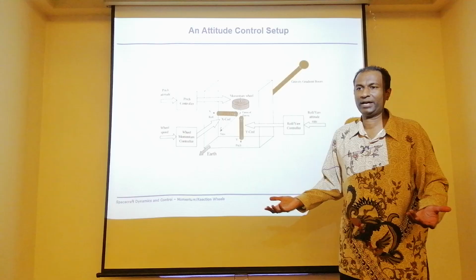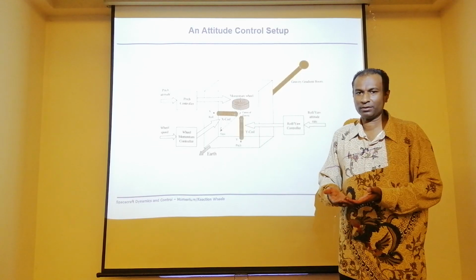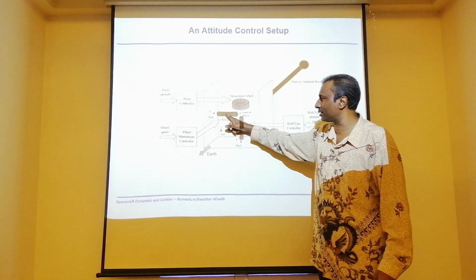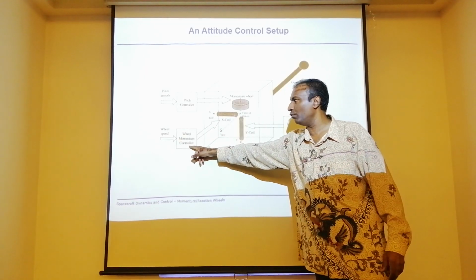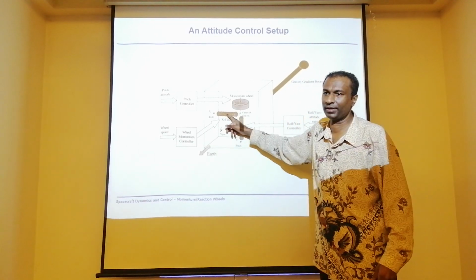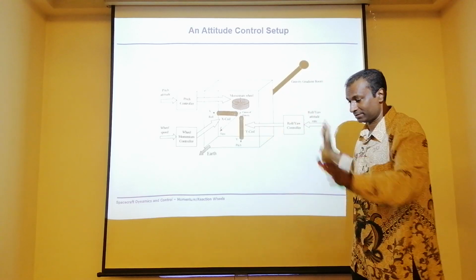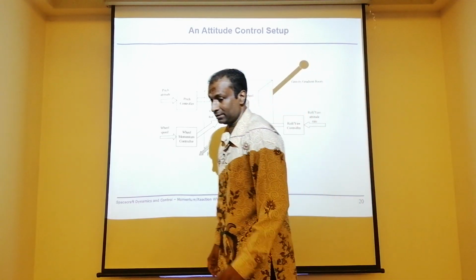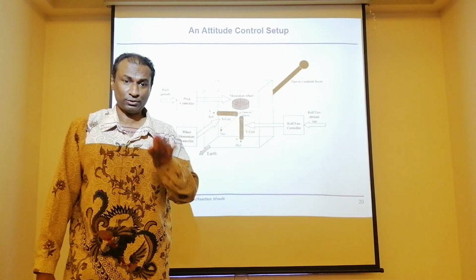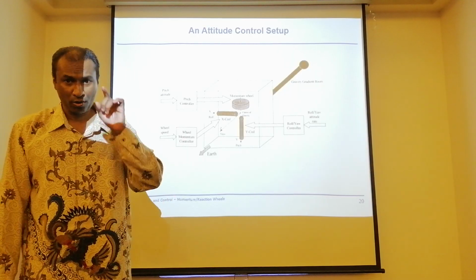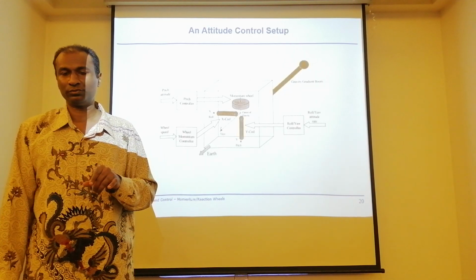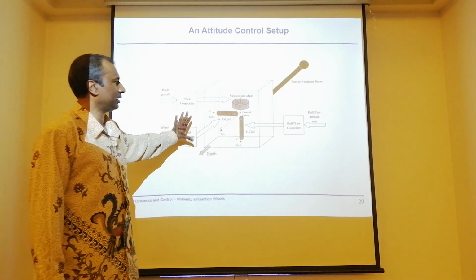So I need to brake this wheel. I need another torque which takes care of the wheel momentum. This is a complete satellite which gives you a solution using all those devices that I've introduced to you. Complete.